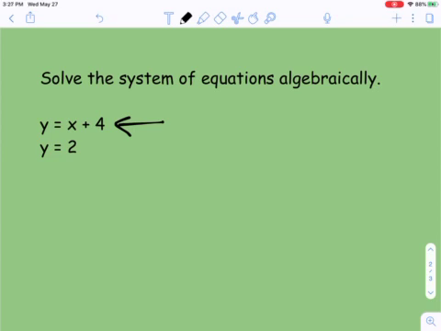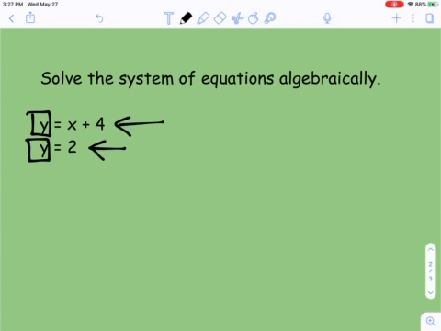Great, we got one of those, right? And then the next equation says the variable y equals 2. Here's the thing. We want to find out the case when both of those are true. So what I should realize is that the same y that tells me that y is equal to 2 will be the y that tells me that y is equal to x plus 4.